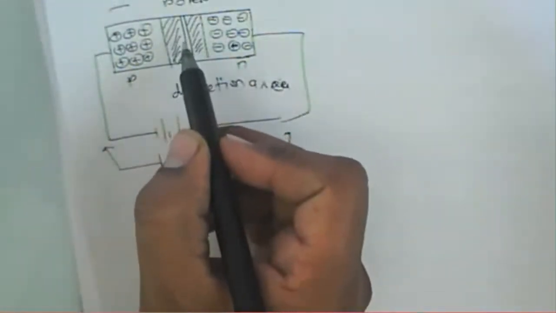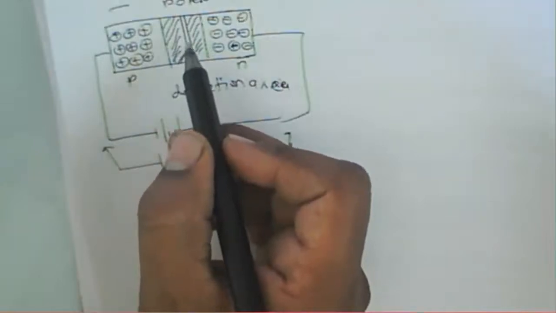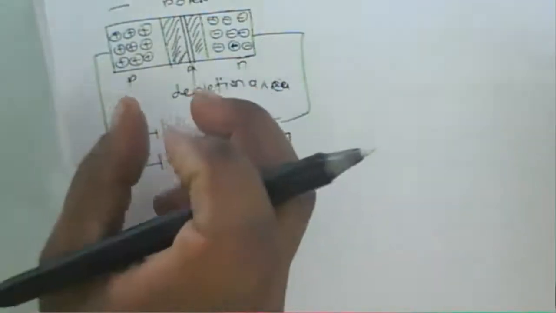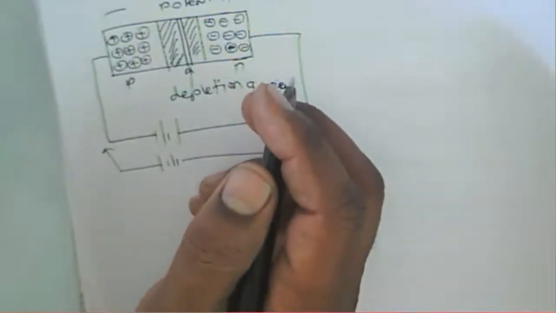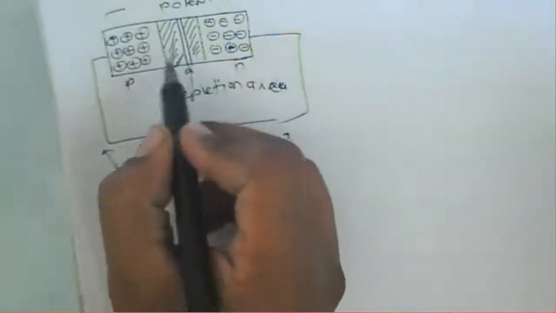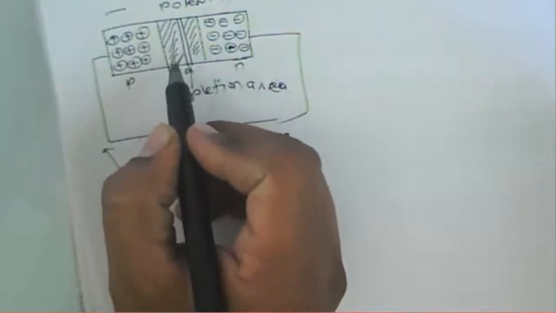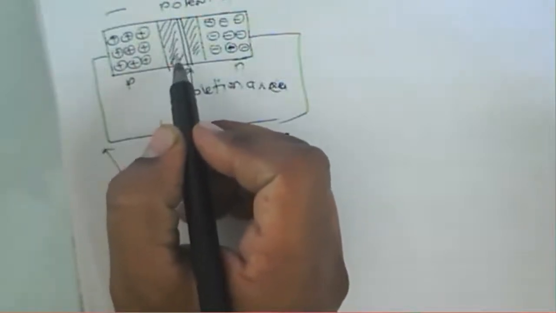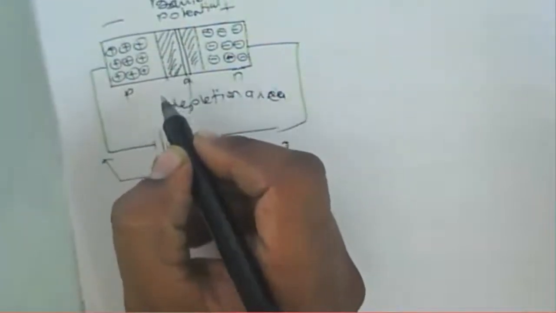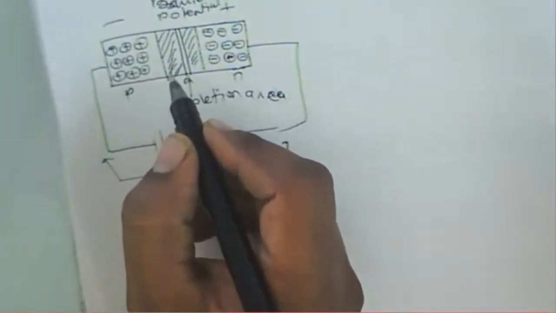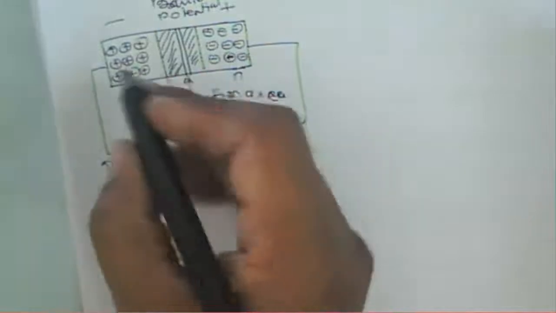A diffusion of electrons and holes takes place throughout the region, and that area, where the diffusion process takes place when you apply the bias, we consider the depletion area.